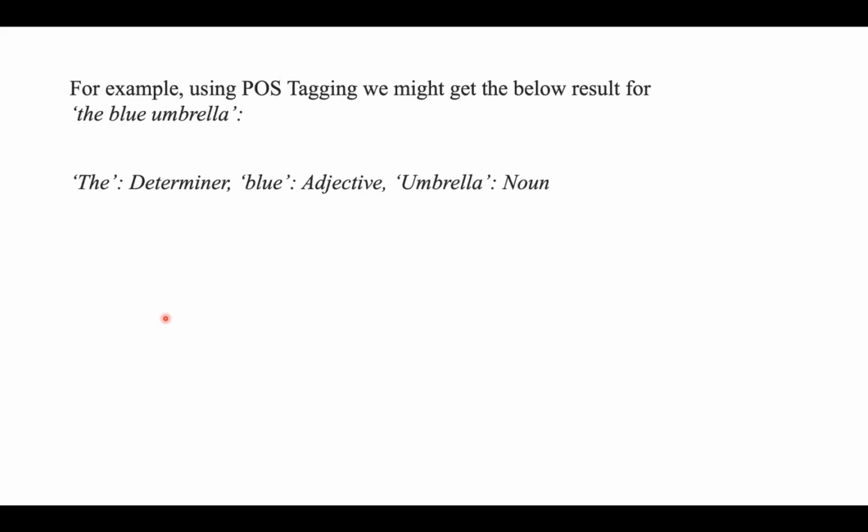Hence, we need some sort of grouping so as to retrieve the relationship between words of a sentence. Yes, we have the terms separately: blue is an adjective and umbrella is a noun. But it was nowhere mentioned that blue is used for umbrella.